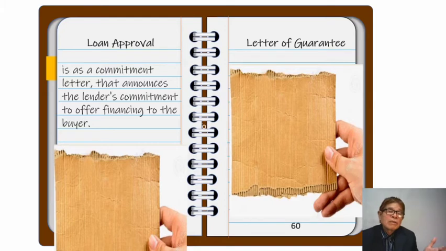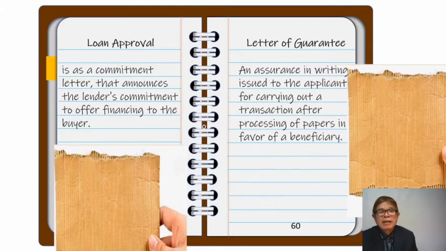So, with this predicament, how can you convince the seller to have the title transferred even without full payment? And the answer is letter of guarantee. The beneficiary here is the seller, who shall receive the loan proceeds.